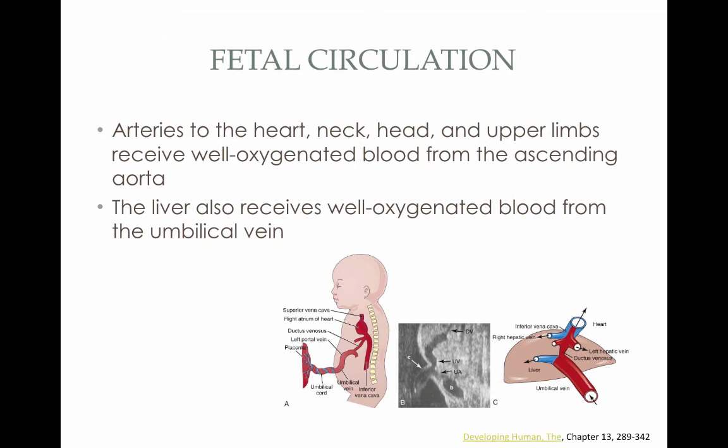So arteries in the heart, neck, head, and upper limbs receive well oxygenated blood from the ascending aorta, and the liver also receives that well oxygenated blood through the umbilical vein.